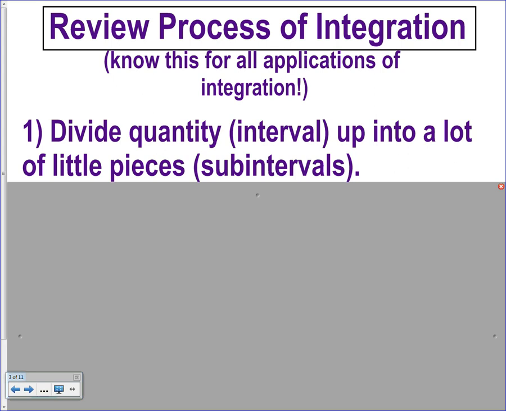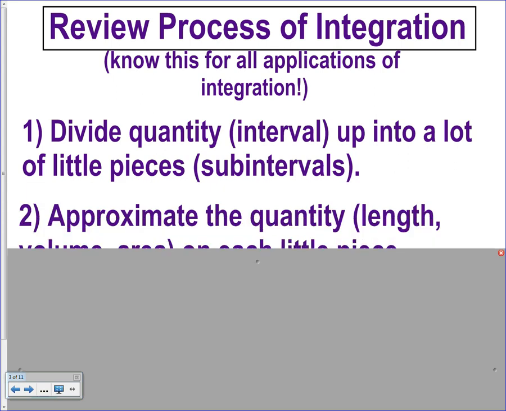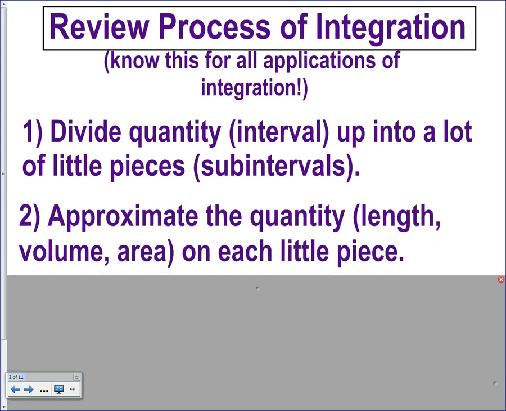So you divide the quantity up into a lot of little pieces, and then you approximate the quantity that you're looking for, be it length, like the arc length group showed us. You can approximate the length, or as we'll see, the volume, or as we have already done, the area, which was the function height times delta x on each, or really just one little piece.